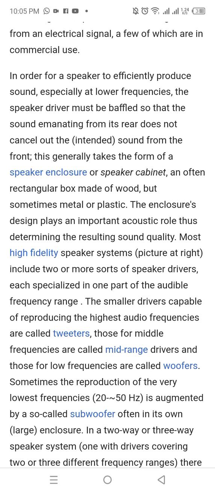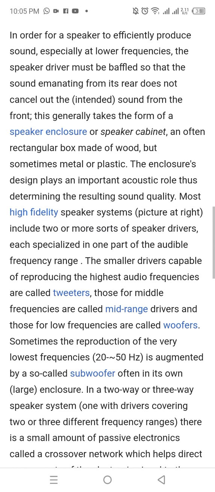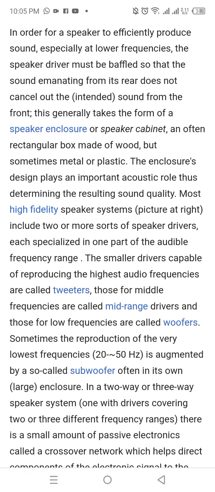Most high-fidelity speaker systems include two or more sorts of speaker drivers, each specialized in one part of the audible frequency range. The smaller drivers capable of reproducing the highest audio frequencies are called tweeters.